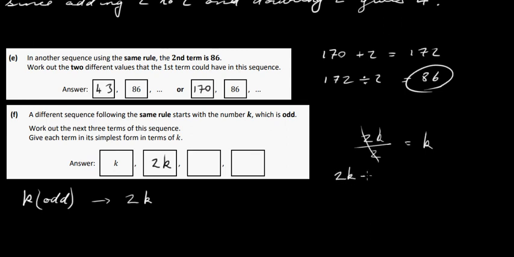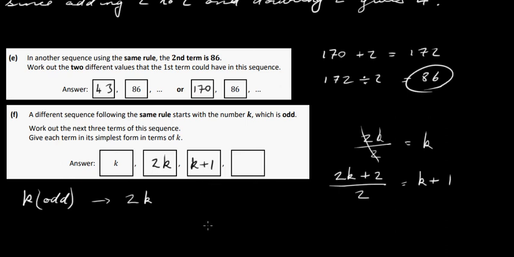We take 2k, we add 2, and then we divide by 2. So you can divide the 2 into 2k to give us k, and the 2 into the 2 to give us 1. So here we end up with k plus 1.